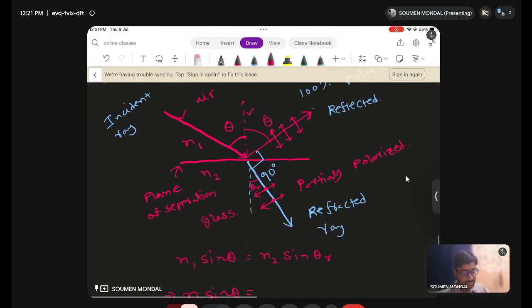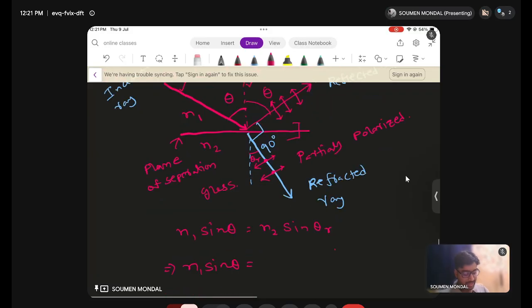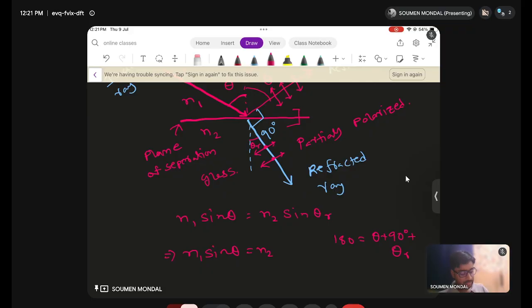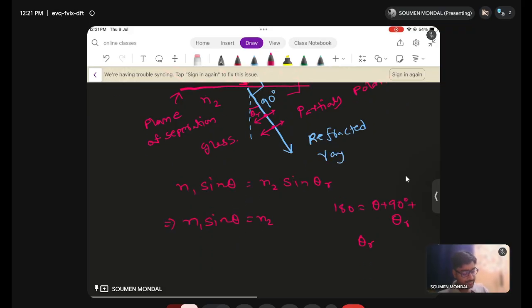Now on this side I can write 180 degrees is equal to theta plus 90 plus theta r. So theta r is basically 90 minus theta. So instead of sin theta r, I can write sin of 90 minus theta.